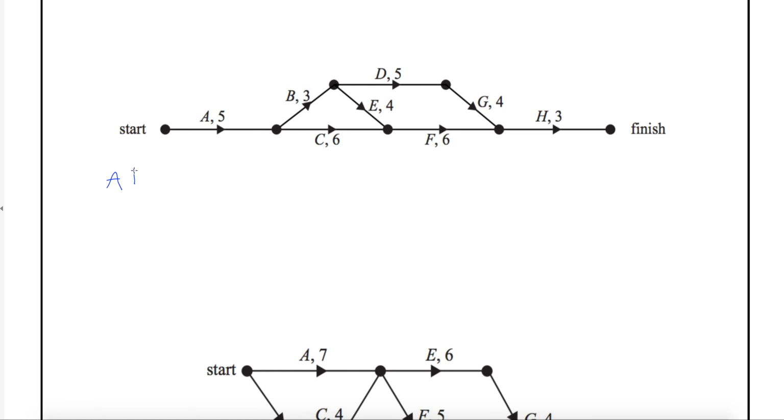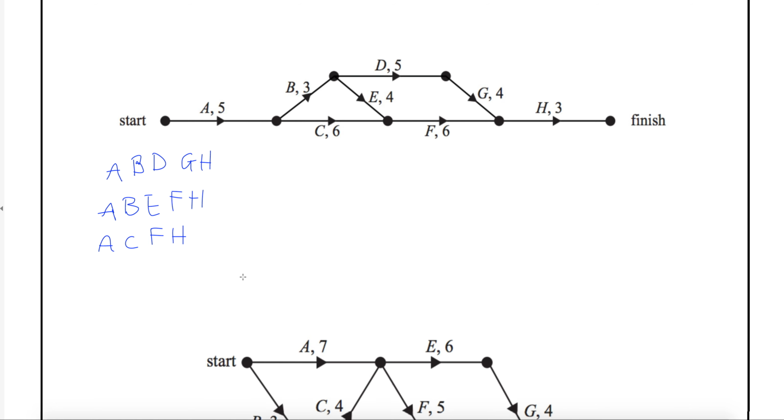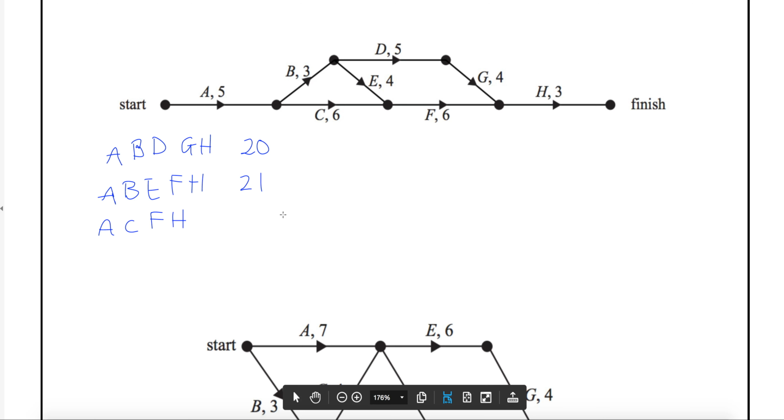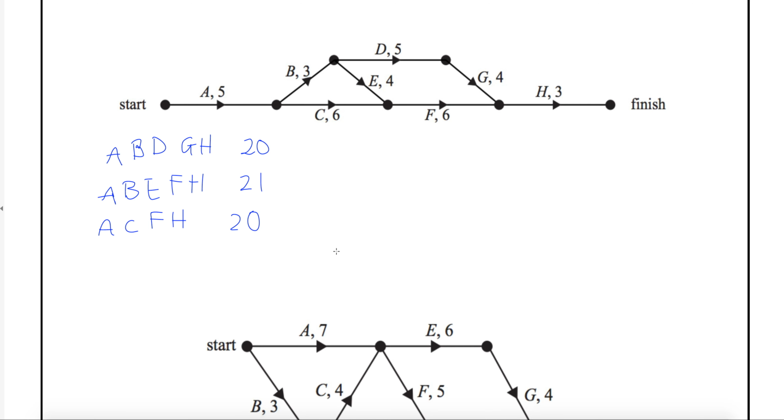We've got A, B, D, G, H. Or if you go A, B, and then E, F, H. So that's the second option, or A, C, F, H. Once you've identified your critical path, we just want to state what the critical path is and what the minimum completion time is.